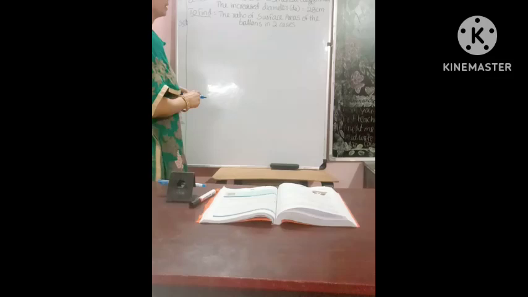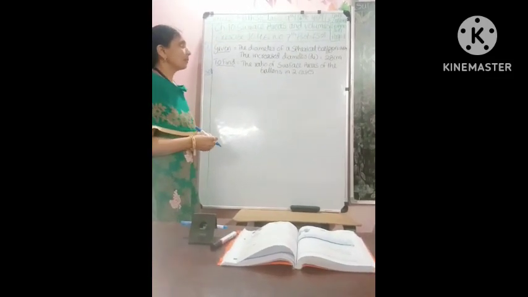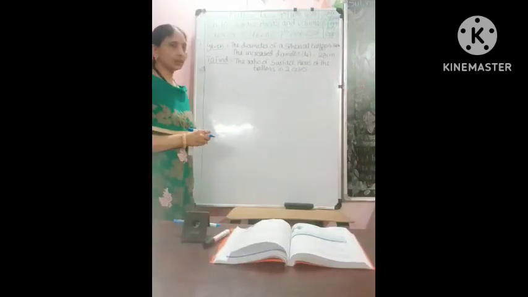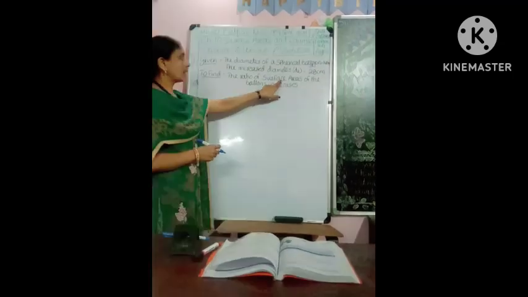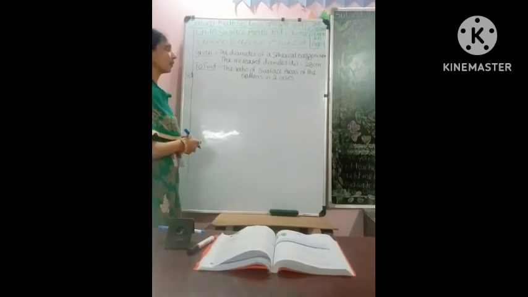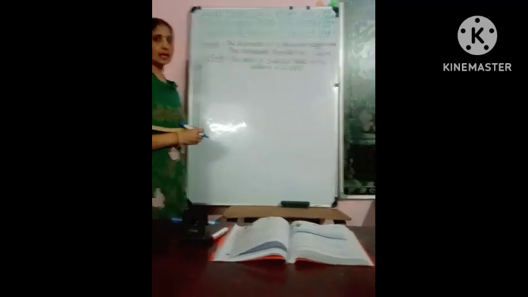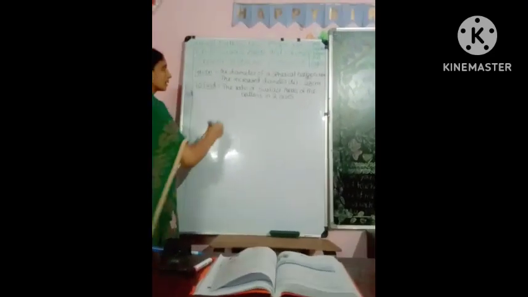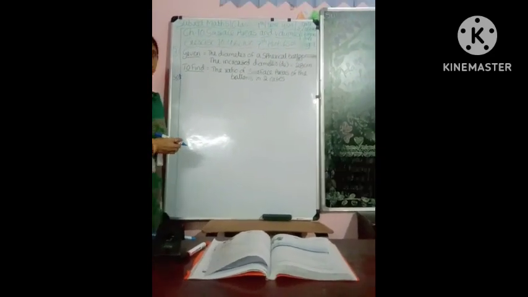Sphere diameter is given, that is D1 and D2. But you don't know the surface areas. So how to calculate it? In two cases, first, how will you find out the surface areas? What we need is the r value, pi and r value. So first, how will you calculate the radius from the diameter?